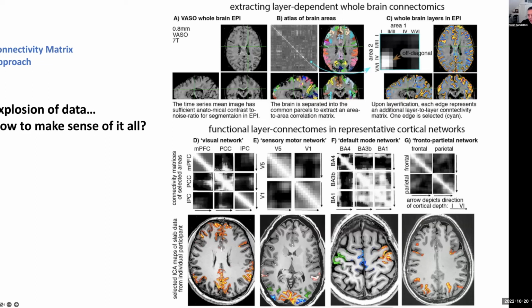But then if you take each one of these parcels and divide it into layers, the whole matrix explodes. And so it's very, very hard to get one's head around how one layer speaks to another layer within and across all the parcels in the brain.